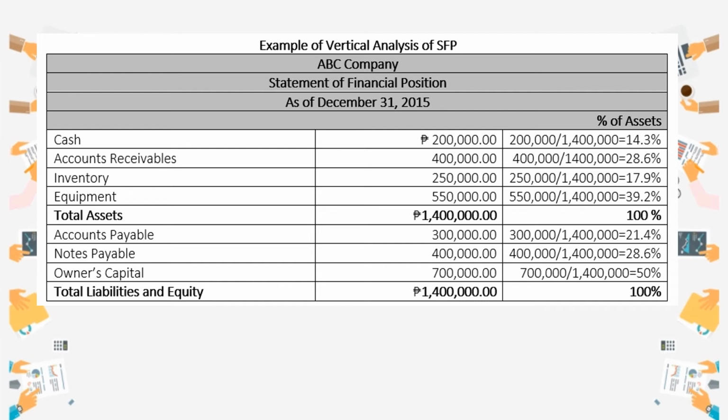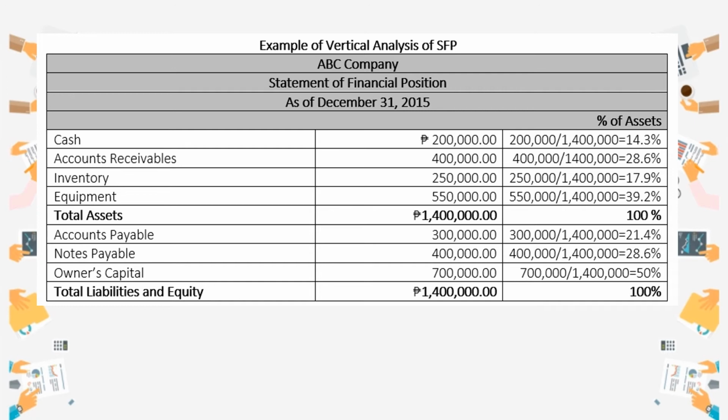For the AR or accounts receivable, we have 400,000 divided by 1,400,000, which gives us 28.6%. For the inventory, we have 250,000 divided by the total assets of 1,400,000, which is equivalent to 17.9%.